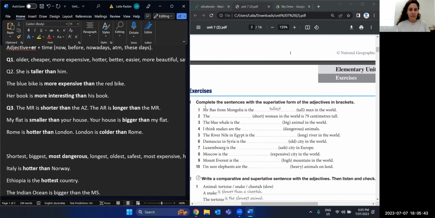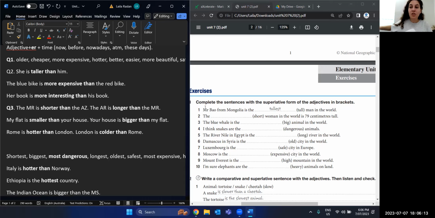So we have the EST now. So look how different these sentences are. The first one says, Mr. Bio from Mongolia. So it's only one noun. Mr. Bio, he's a man, is the tallest man in the world. So we're comparing him to many people, not just Mr. Bayo from Mongolia is taller than Mr. Smith.